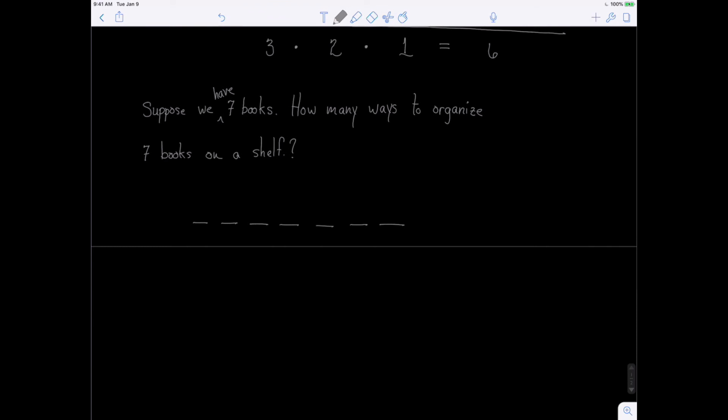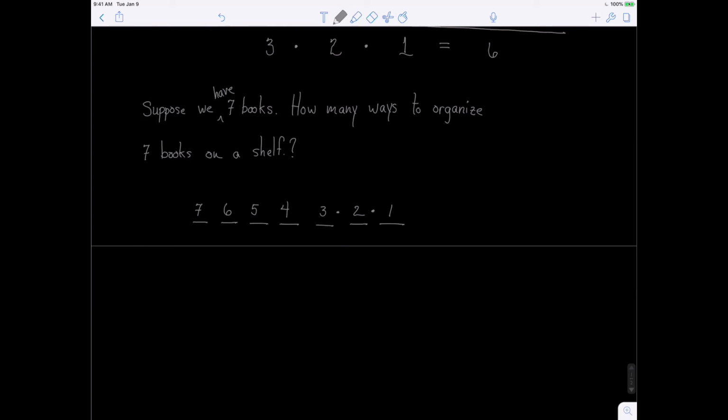So when we come to the first slot, there's 7 books to choose from. And then when we come to the second slot, we used one already, so there's 6 that could go in the second slot. Now we've used another one, so there's only 5 available for this third slot. And if we keep this process going, we get 4 times 3 times 2 times 1.